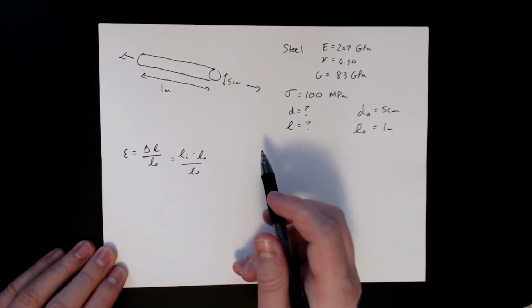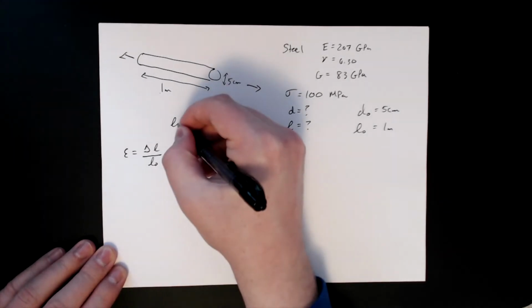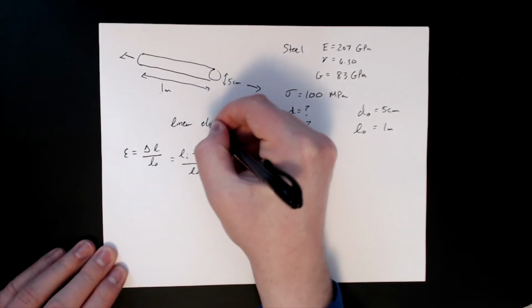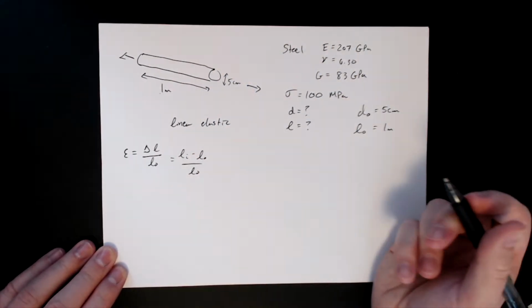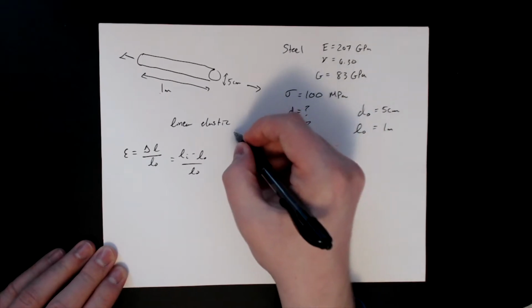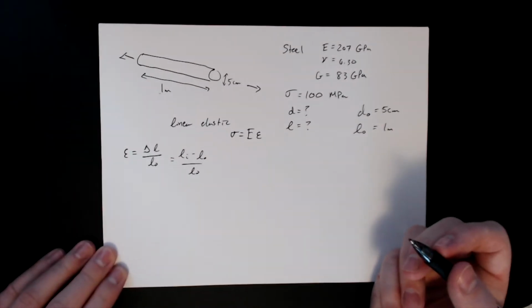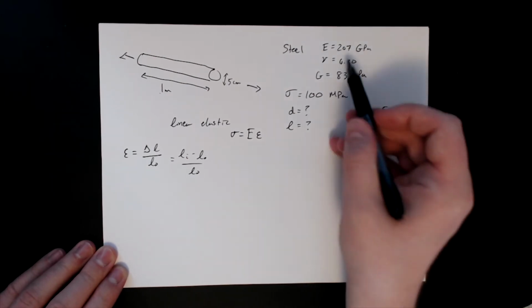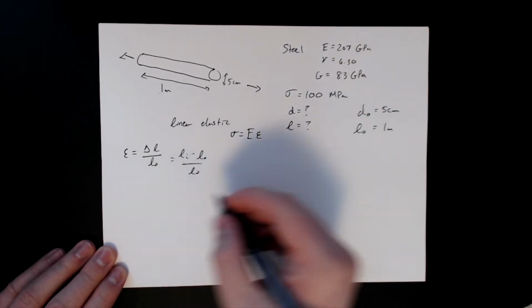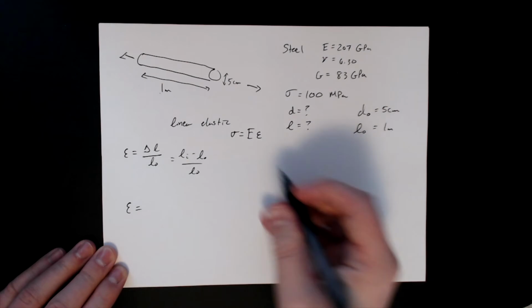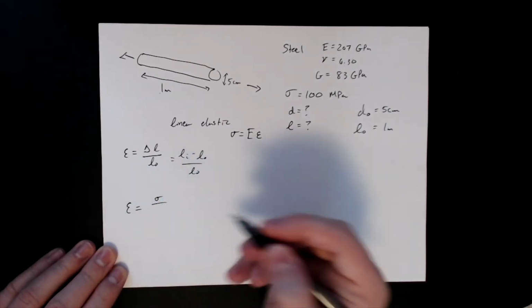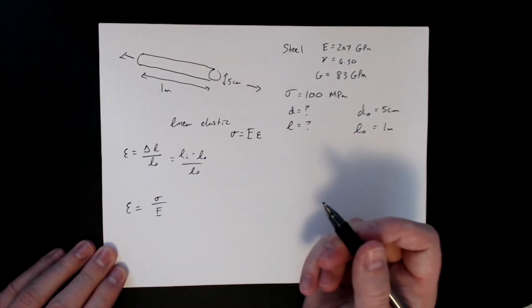But if this is linear elastic, then we know our proportionality constant between stress and strain is the elastic modulus, and we're given this in the table. So our strain is going to be equal to the stress divided by the elastic modulus.